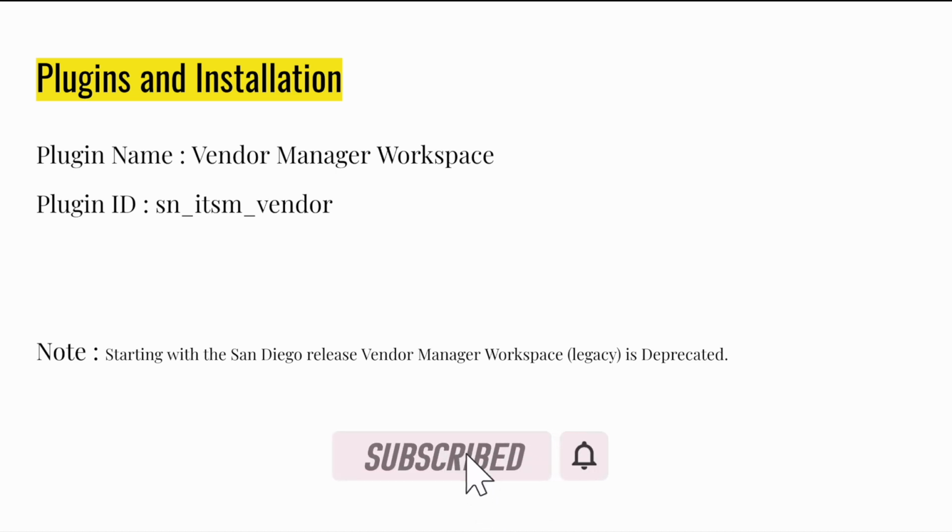What I mean by that statement is there is one more vendor manager workspace available, but that plugin ID is different and it was deprecated in the San Diego version, and they introduced a new plugin ID with the new plugin name Vendor Manager Workspace.